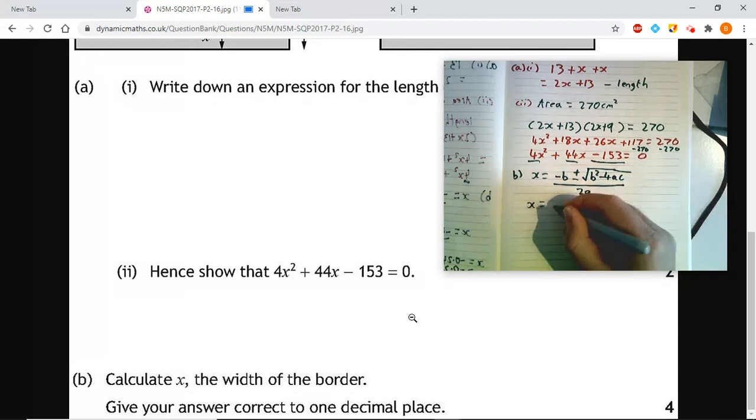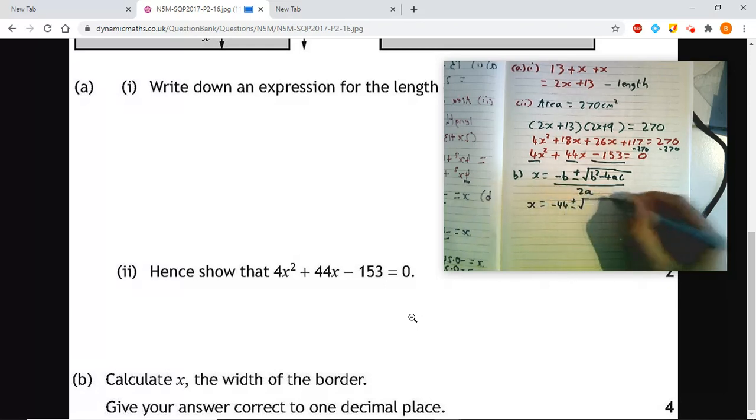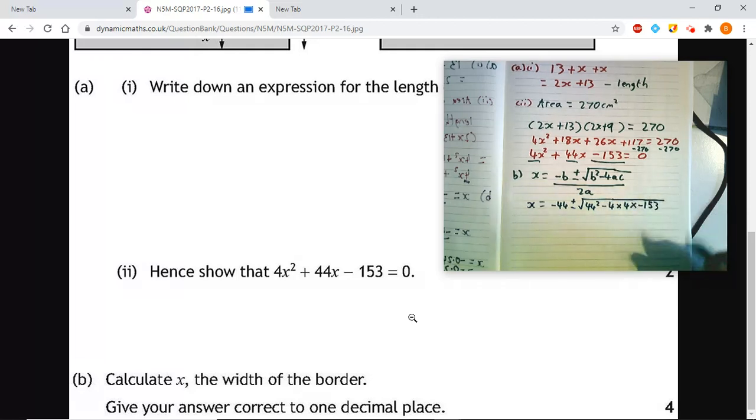We want minus 44 plus or minus, we've got B squared, which is 44 squared, minus 4 times A, which is 4, times C, which is minus 153. It's important that you get the negative there.